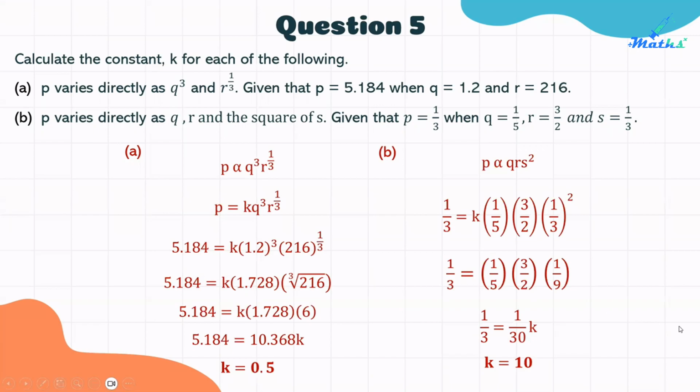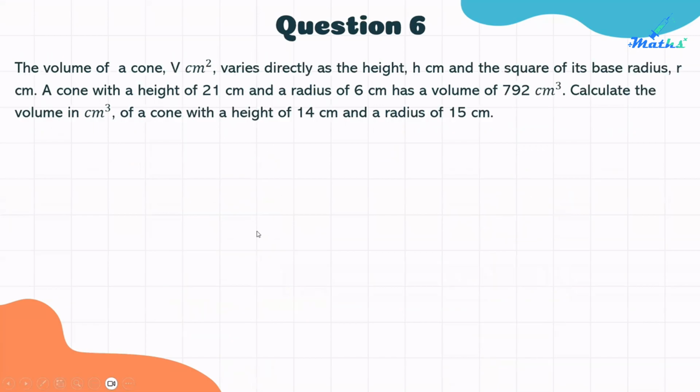Okay, let's go to question 6. The volume of a cone V cm cubed varies directly as the height h cm and the square of its base radius r cm. A cone with a height of 21 cm and a radius of 6 cm has a volume of 792 cm cubed. Calculate the volume in cm cubed of a cone with a height of 14 cm and a radius of 15 cm.